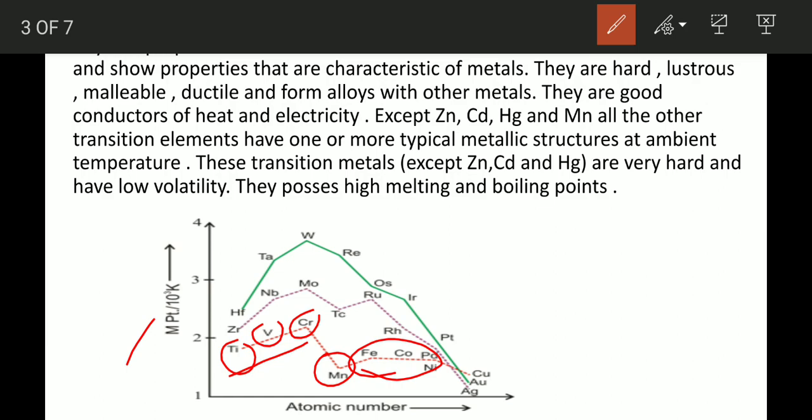Then copper and zinc, it is what? Decreases. So why does this fluctuation occur? Because of electronic configuration. When you see the electronic configuration, you will get here, the unpaired electrons increase, but after that it becomes what? Half filled.